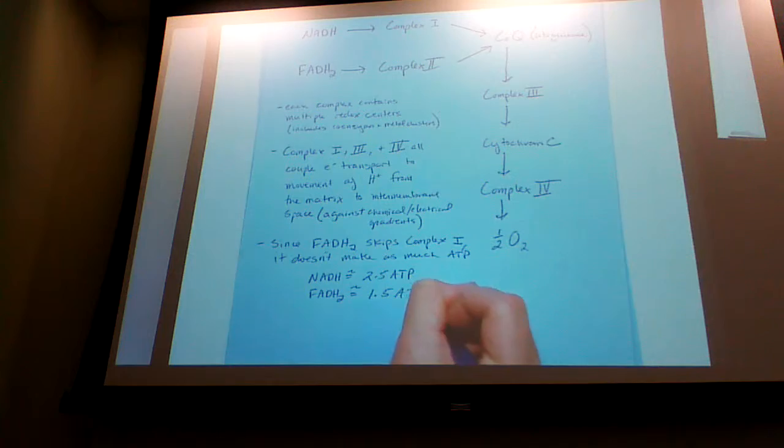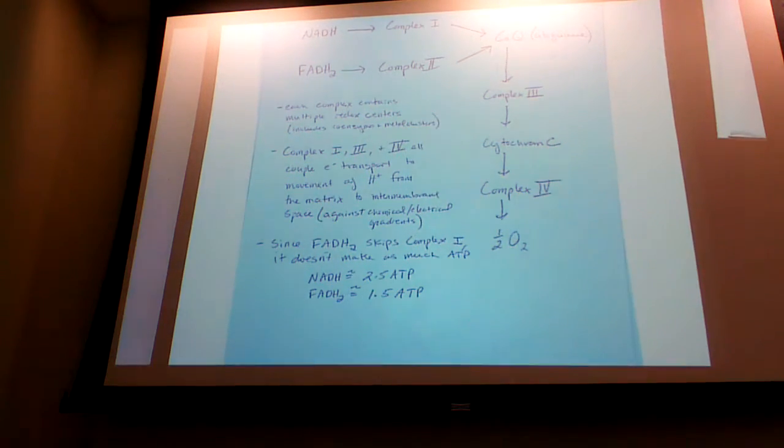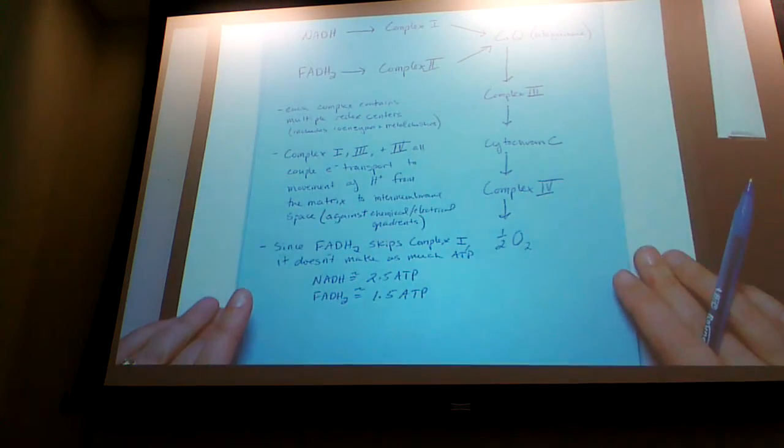So, since we don't get those extra protons transferred across the membrane at complex 1, when it's FADH2, in the end, it doesn't make as big a proton gradient, and we cannot synthesize as much ATP using that gradient. So that's where the difference comes in.